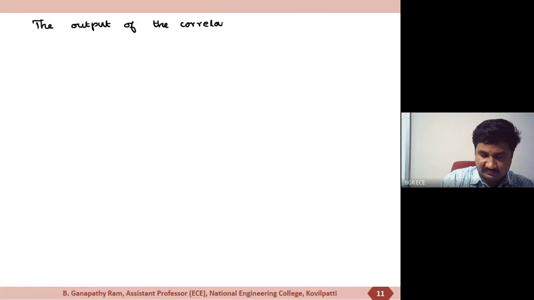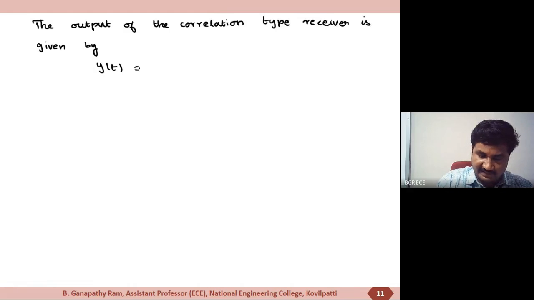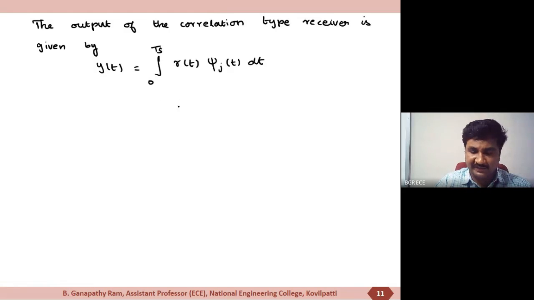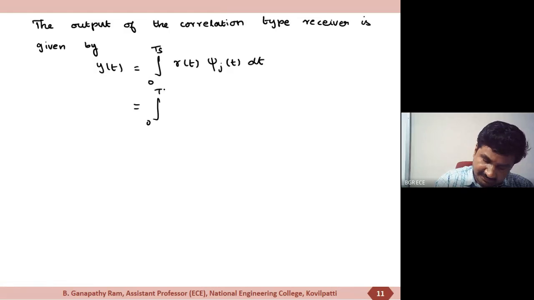And the output of the correlator receiver is given by y of t is equal to integral of 0 to Ts r of t into psi j of t dt, where r of t is nothing but the summation of si of t plus n of t.